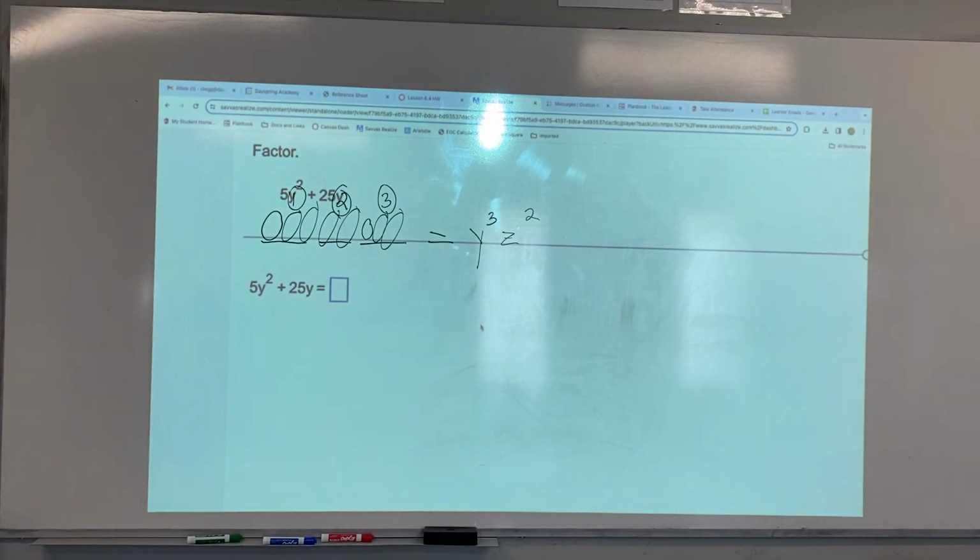Because you put y to the third, but the middle guy only has a y to the second. So how could it have y to the third in common? We have a y to the fourth, a y to the second, and a y to the second. But we're looking for how many y's they all have in common.